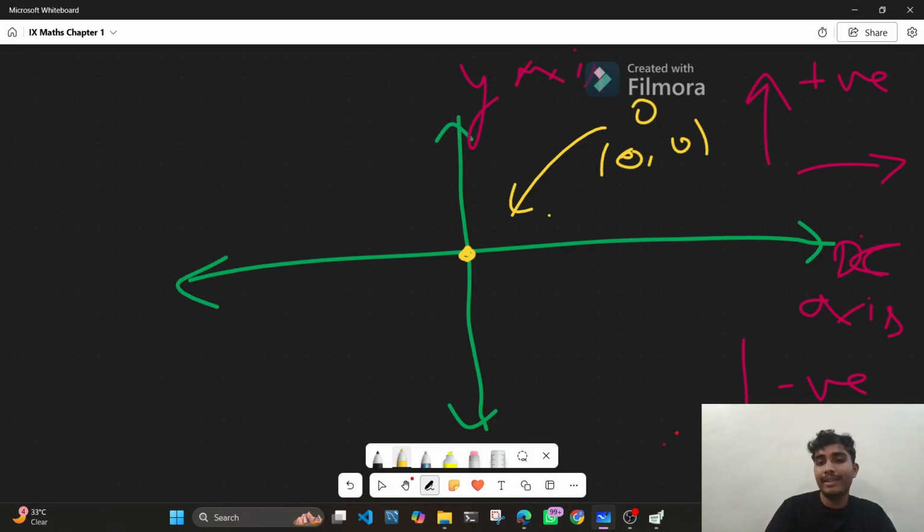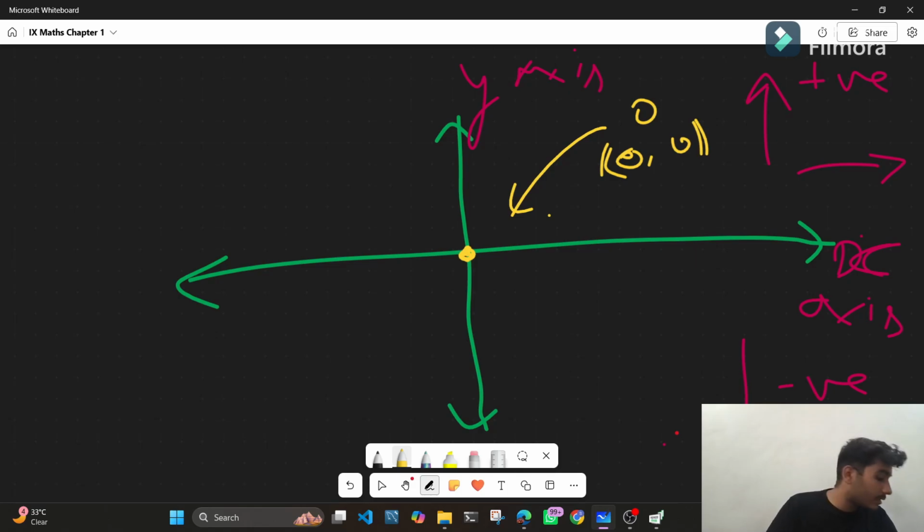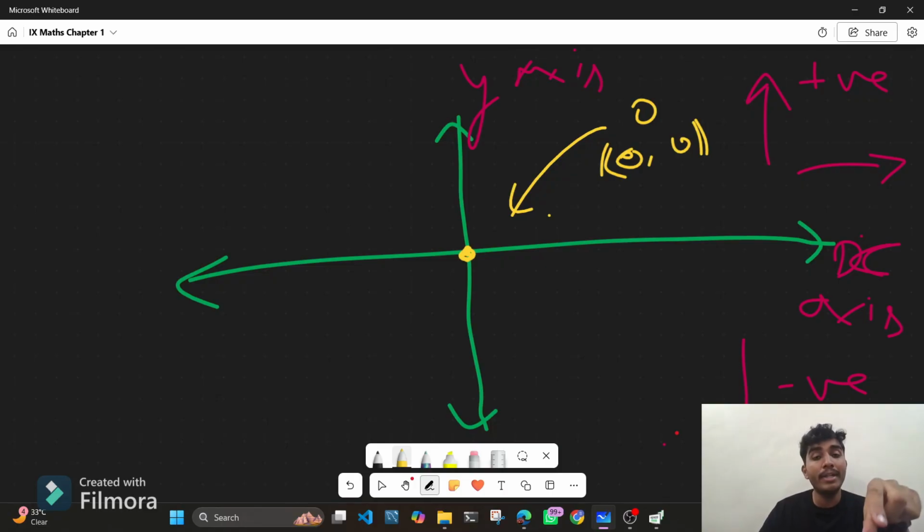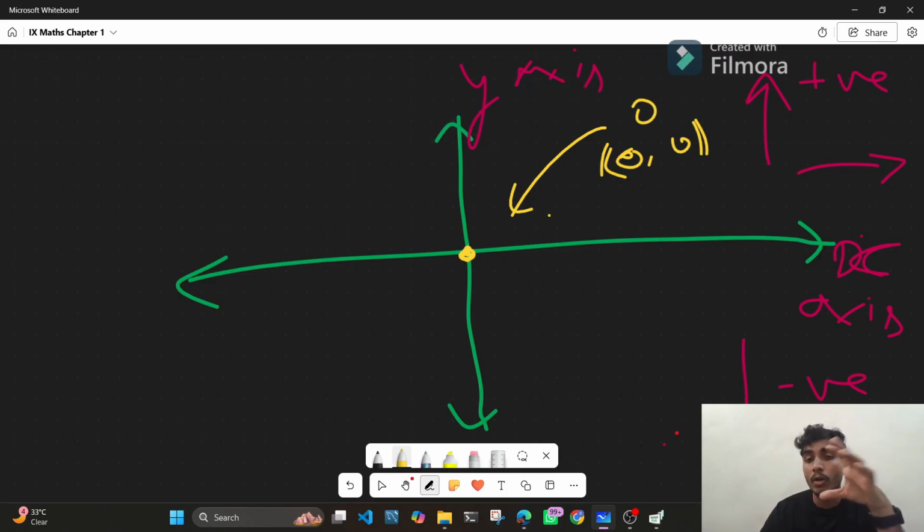I'll tell you what the curved brackets mean, but till then just remember that the intersection of the x and y axis is the origin, and that is denoted by O, and also 0 comma 0. So what is 0 comma 0?